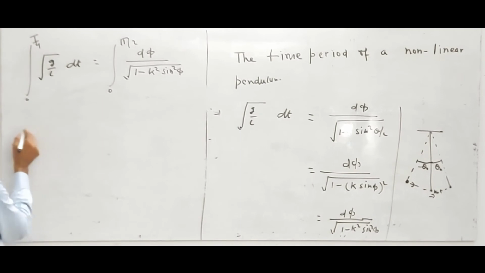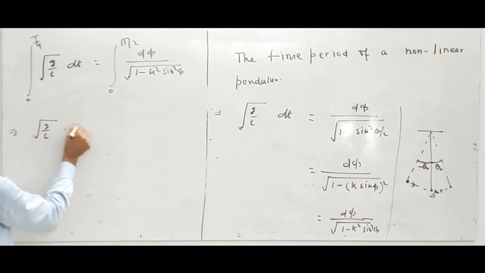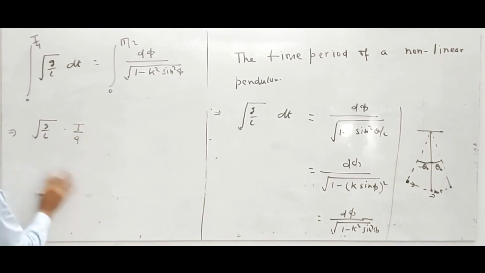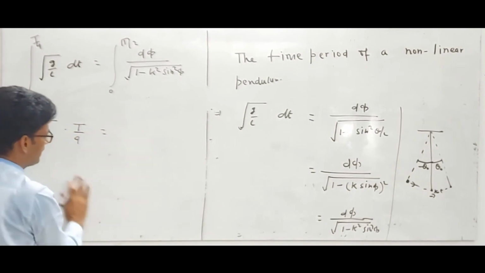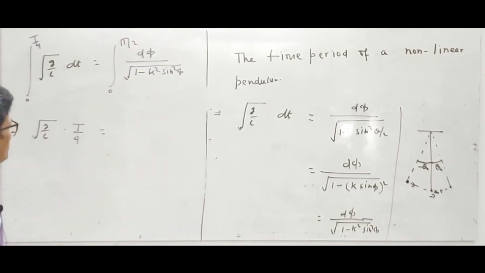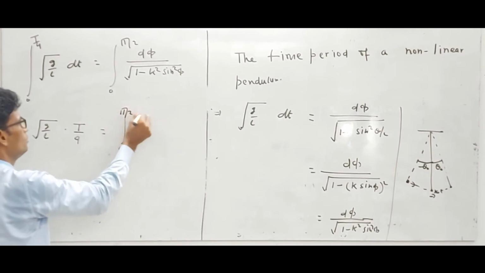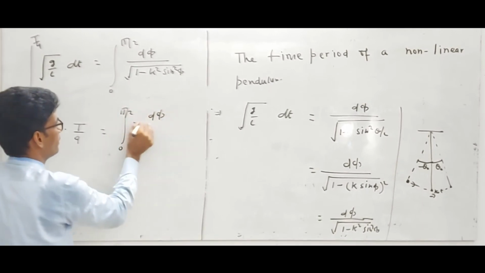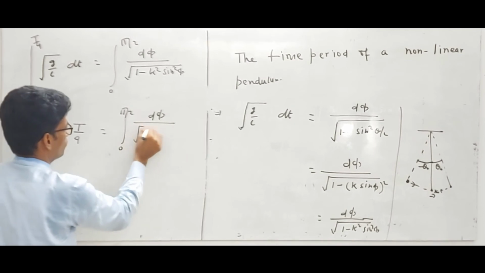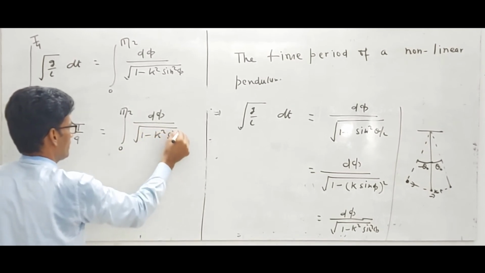Now the left side is quite easy. This is under root g over L, and it comes out to be T by 4. That is quite easy. Now on the right hand side, we have to write again in the same form, 0 to pi by 2, d phi over square root of 1 minus k square sin square phi.